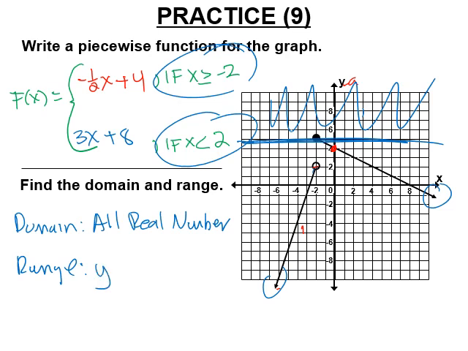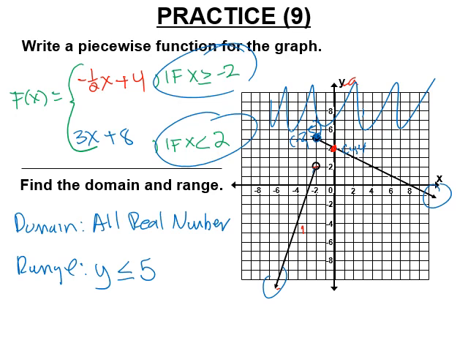So y has to be less than or equal to 5. That's the highest. The y-intercept is (0, 4), but the highest y value here is this (-2, 5). That's what it looks like. So y can be less than or equal to 5.